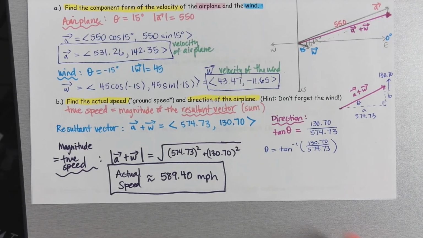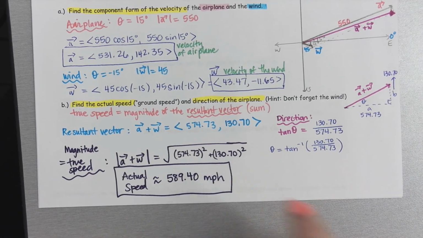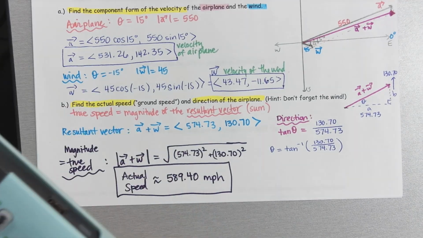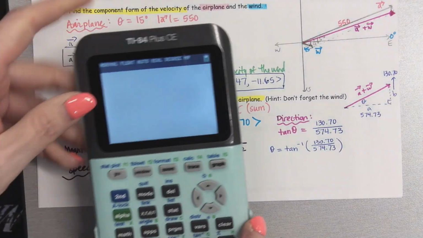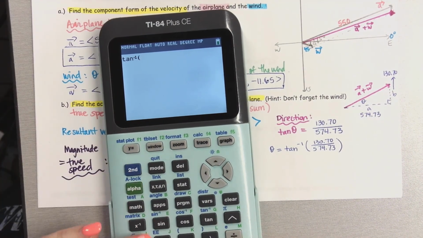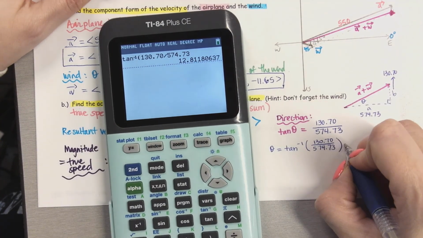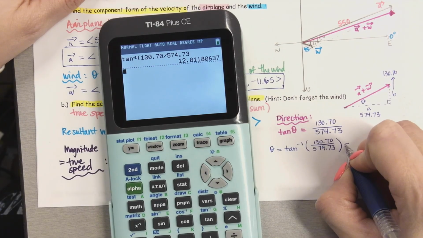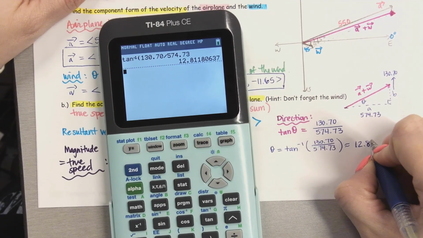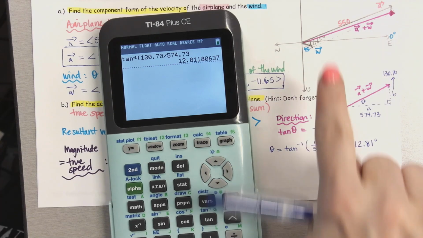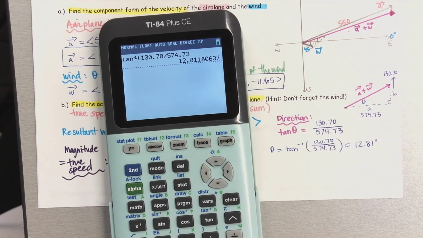When you are doing this on your own, if you just want to jump to this step, that's fine. So we're going to do our tangent inverse, and we get about 12.81 degrees, which is great because we said it should be less than 15 and in quadrant 1.